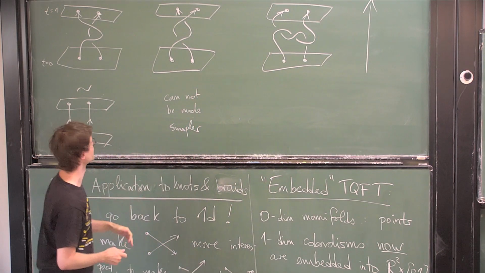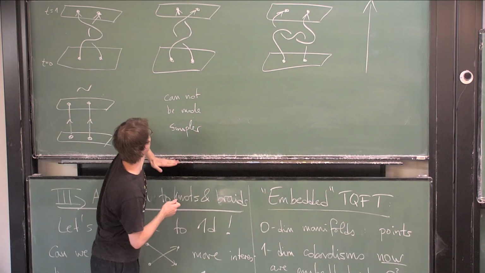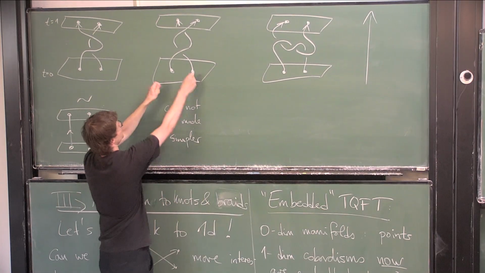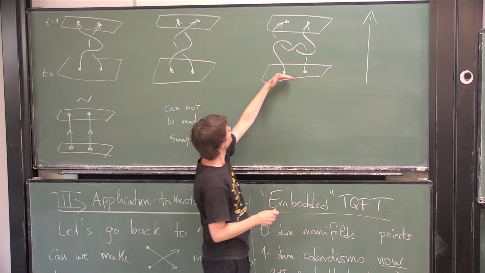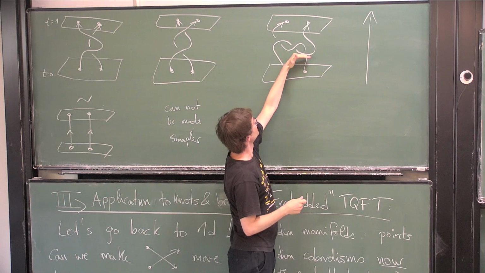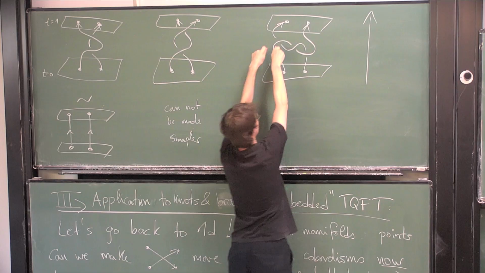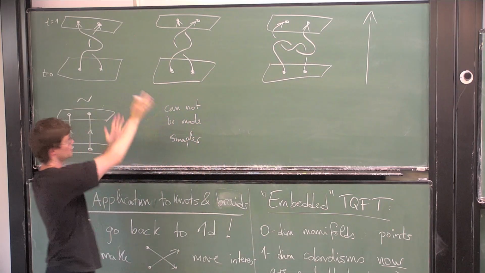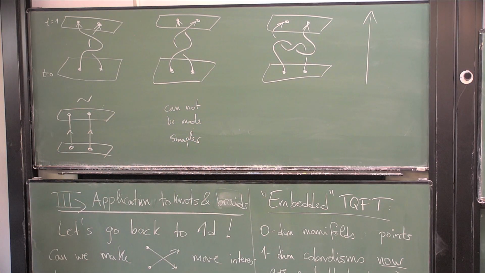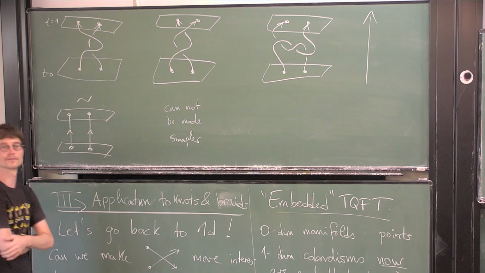You want to think about these as particles that move around, and strictly speaking here at some point you have a creation of two particles, and then they get annihilated here, but actually you can just wiggle things around, and then these particles, antiparticles will disappear.